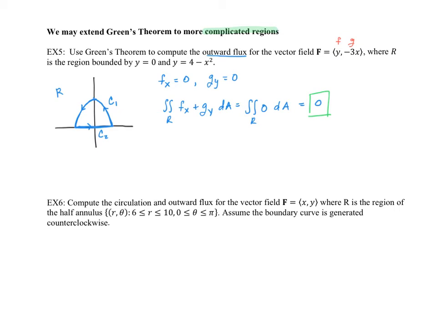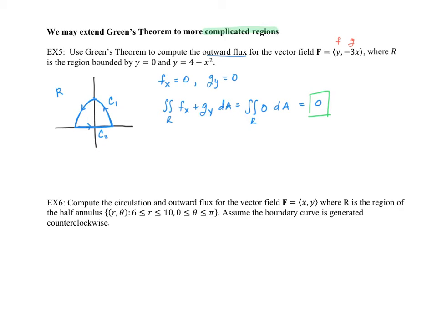It just depends on what happens to that integrand. If it turns out to be some constant number, then we can just go ahead and compute it. And in fact, in some cases, we can even compute it if it's not constant. It just depends what you have. So you can try to use Green's theorem and see if you get something that you can compute.